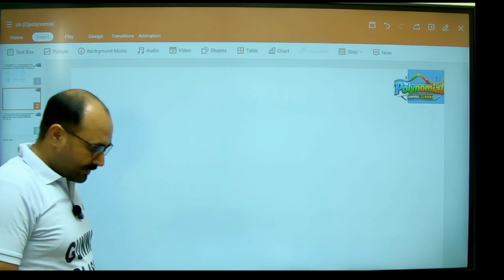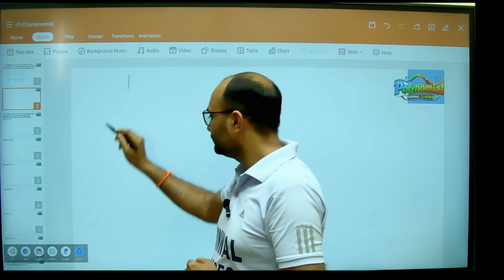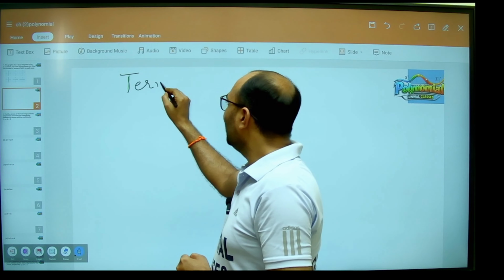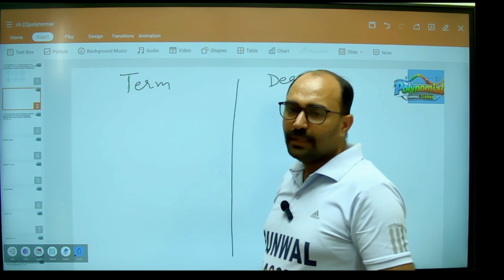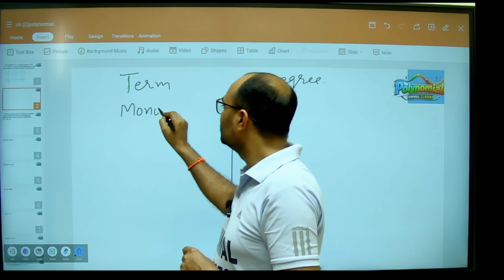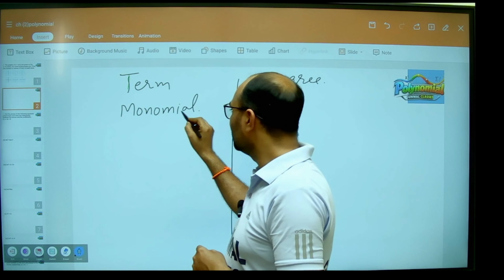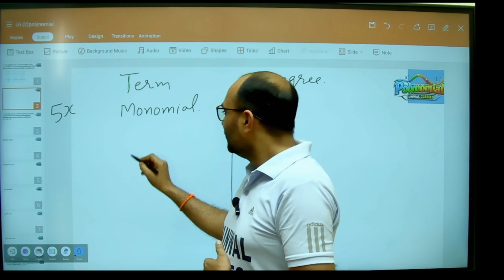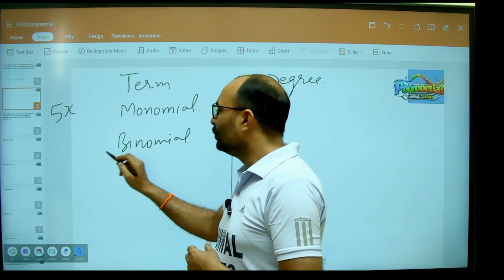These expressions are classified on the basis of terms and on the basis of degree. If a single term is there, we say monomial. Let's say 5x, for example. This is a single term, monomial. Binomial: bi means two, so two terms.